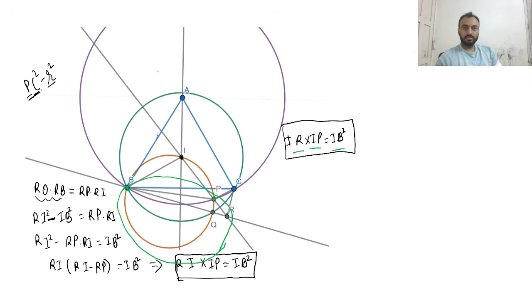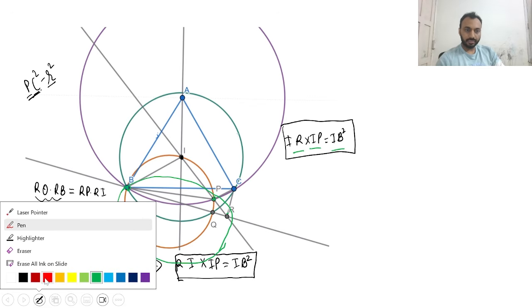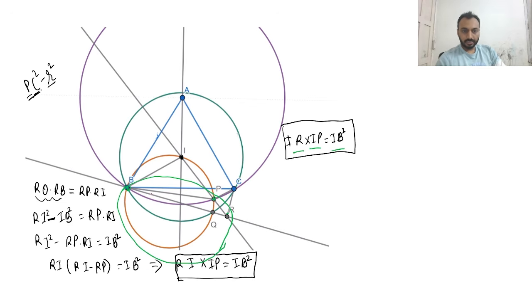So if it is tangent, then using the alternate segment theorem, as BP is the chord of that circle, this angle is equal to the angle made by the chord BP on the circumference.